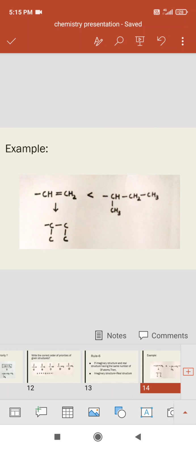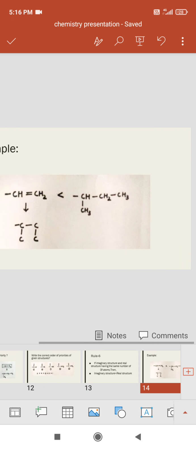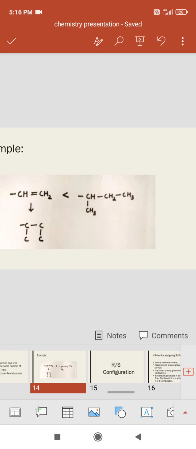So in both cases there are 4 carbon, but the first will be the hypothetical structure and the second will be real. So if in any case the real structure and the hypothetical structure have the same atoms, always remember that the real structure will get more priority.